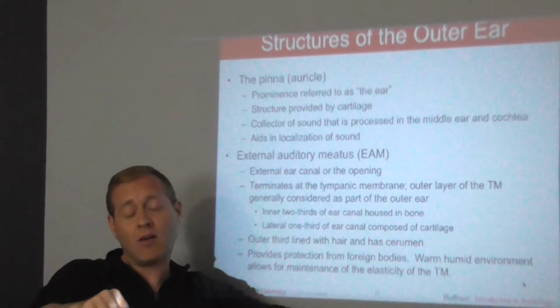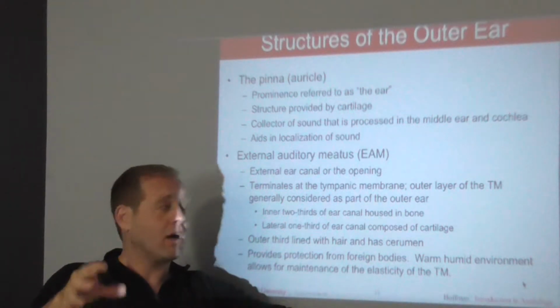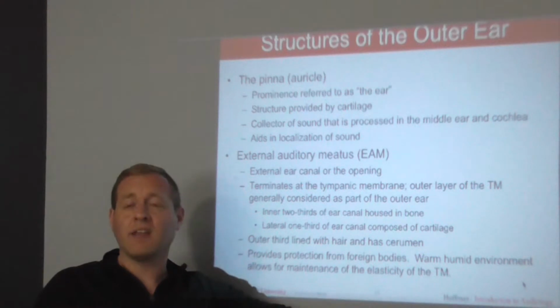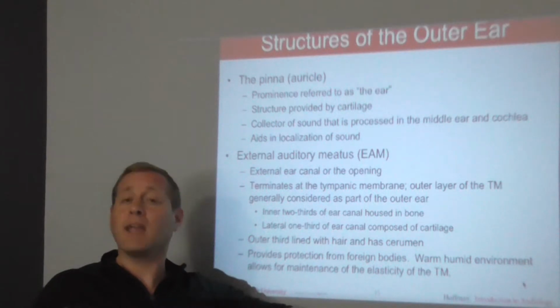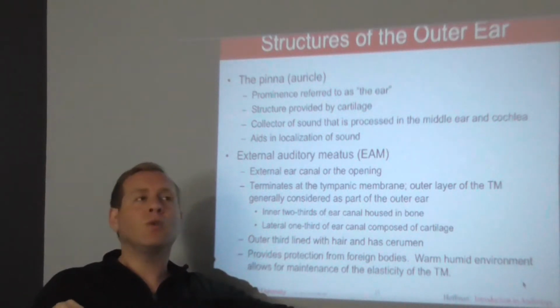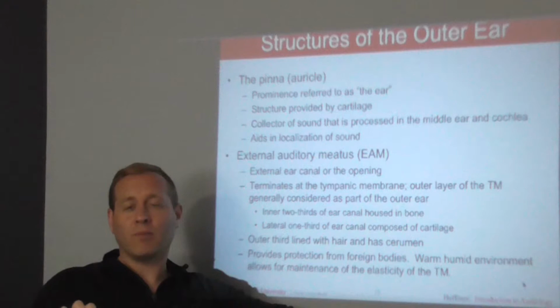Collecting and amplifying sound. And then a third function of the pinna in particular is something that we call localization. Localization is how we know where something is based on the way we hear it, okay? So if you hear an ambulance coming at you, right?